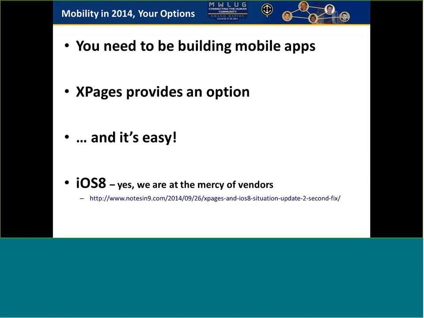When a new version of an operating system is released, it's not like we building enterprise applications, or even smaller than that, have advance notice from the vendors on what those operating systems are going to entail. And interestingly enough, IBM, I think, was a little bit caught off guard by the iOS 8 upgrade because the XPages mobile controls do not work in iOS 8.